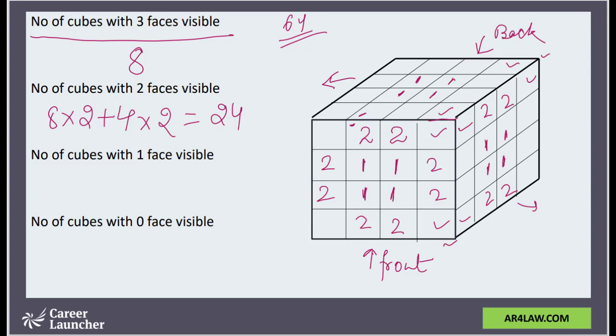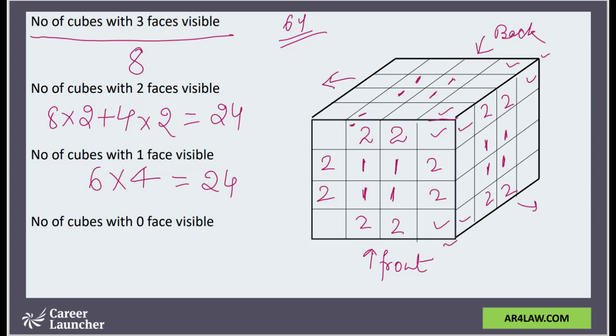So on every face of the bigger cube, we would find 4 such smaller cubes for which we can only see one face. So we can count the total number of cubes with one face visible as 6 into 4, because we have 6 faces. On each face there are 4 smaller cubes with one face visible, taking our total to 24.